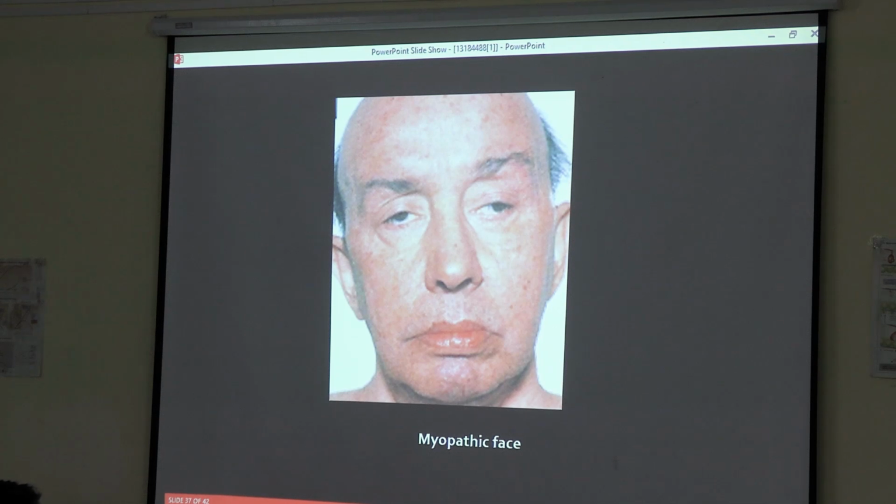What can you see here? The eyes are a little bit drooped, na? The cheeks are also a bit drooping. Eyelids are also drooping. So actually, due to muscular weakness, there are these findings. So we'll see this in subsequent classes later.